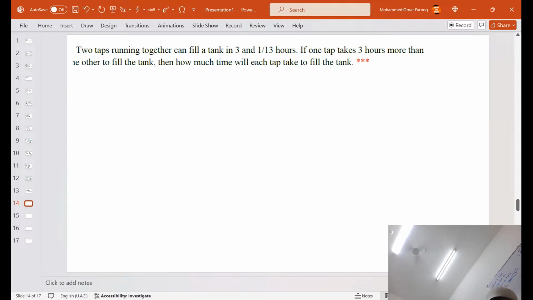So let me do it. So we have to take LCM, right? Let us take LCM. x plus 3 plus x divided by x into x plus 3 is equal to 13 by 40.